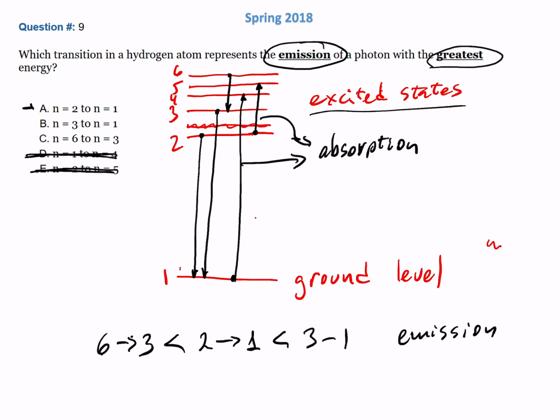The one with the greatest energy difference is 3 to 1. So the answer here is B, because that transition corresponds to, number one, emission of a photon, and number two, the greatest energy of a photon compared to the others.